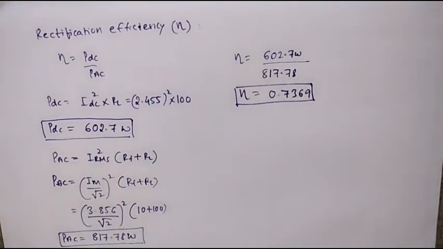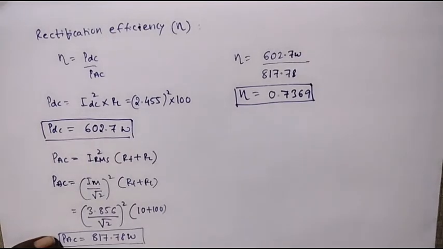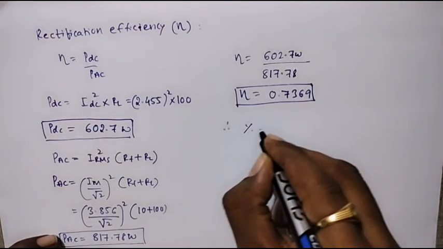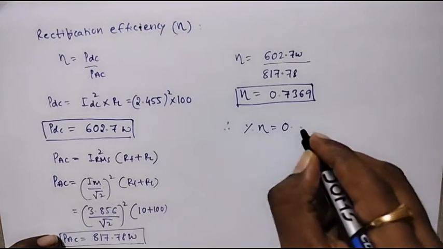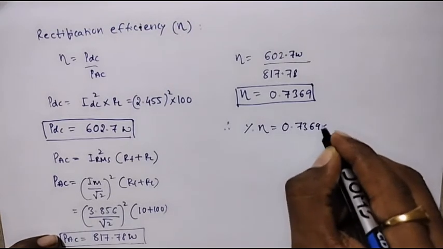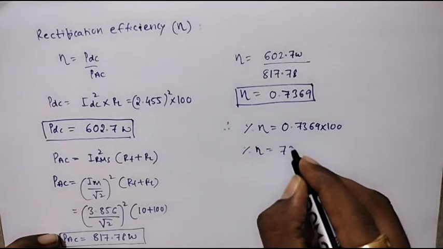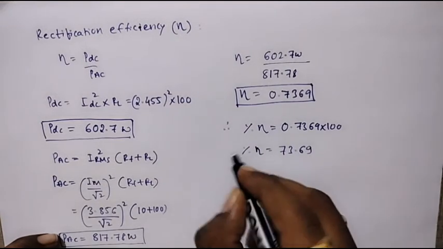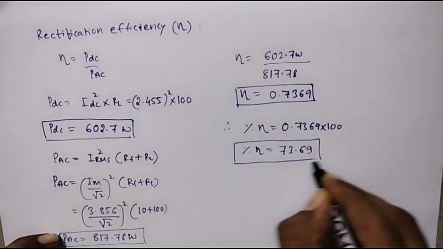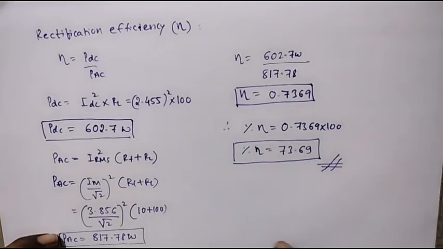Usually the efficiency should be expressed in terms of percentage. Therefore percentage η is equal to 0.7369 into 100, which is 73.69. So this is the required solution.